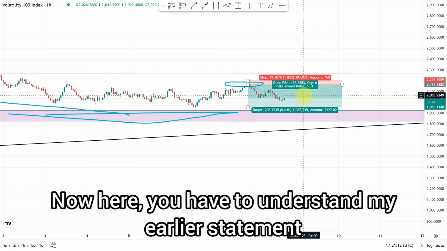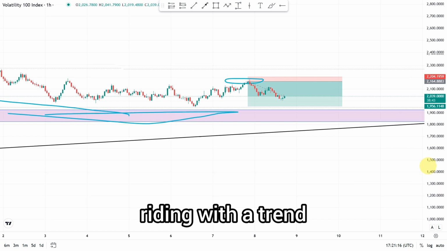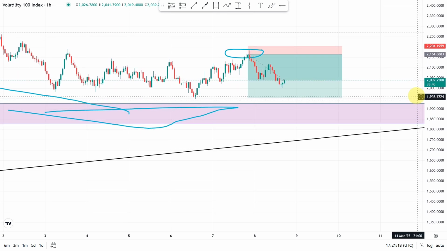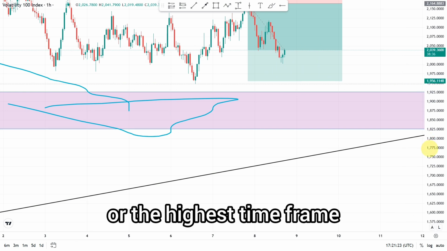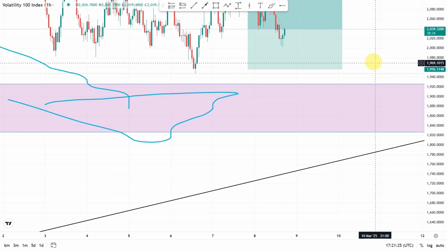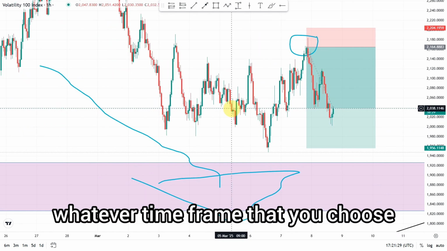Now here, you have to understand my statement. On the lower time frame, riding with the trend is very important if you correspond it with the daily or the highest time frame that you choose. It can be the weekly, it can be the 12 hours time frame, whatever time frame that you choose.